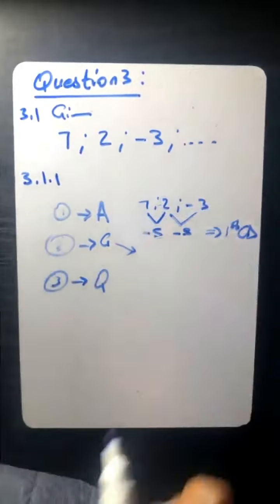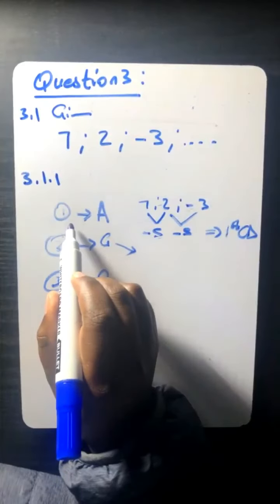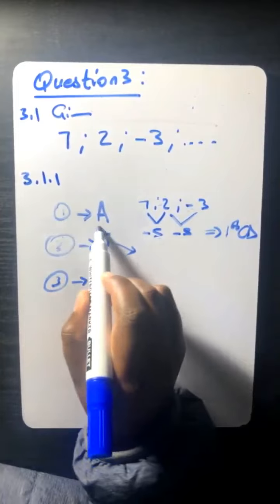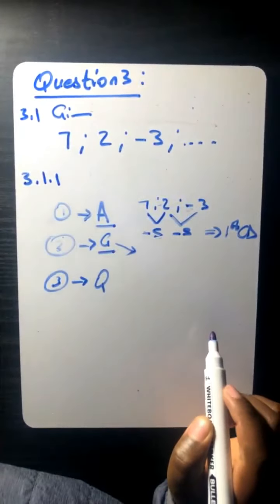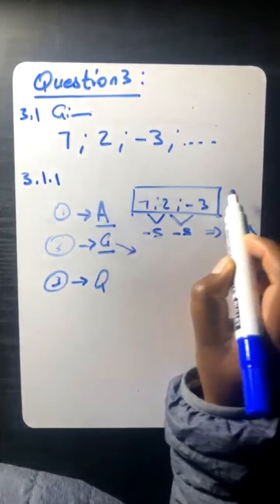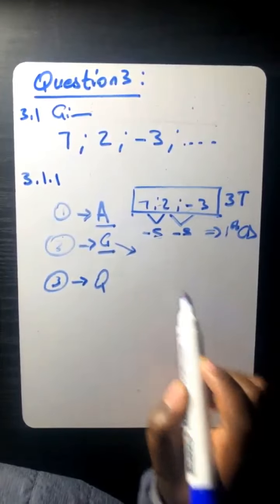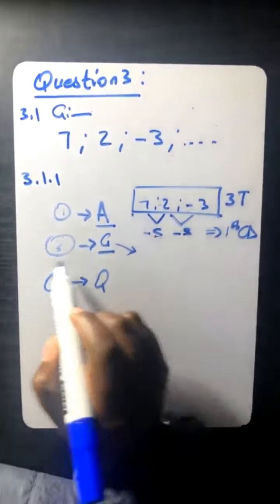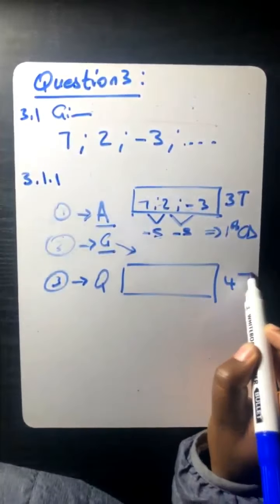But there's something very, very interesting. To determine if a sequence is arithmetic, you need at least 3 terms. But to determine if a sequence is geometric, you need at least 4 terms.